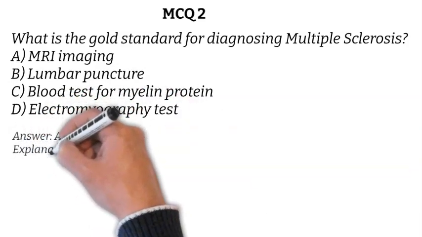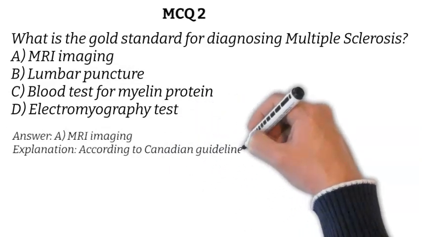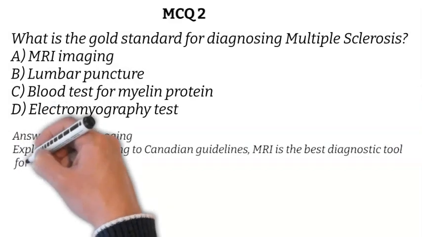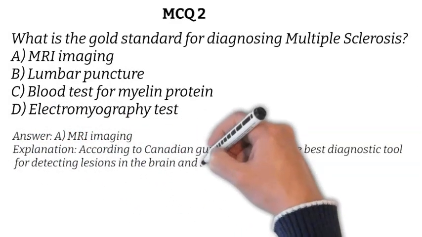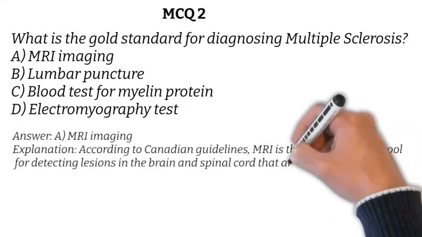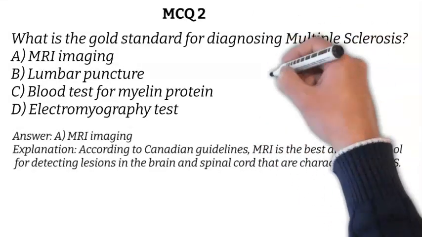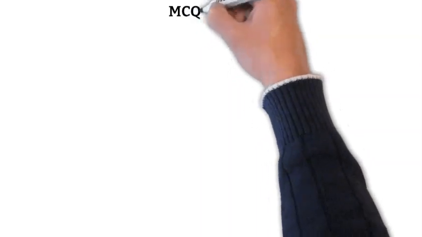What is the answer? The answer is MRI. According to the Canadian guidelines, MRI is the best diagnostic tool for detecting lesions in the brain and spinal cord that are characteristic of multiple sclerosis. So the best, first, and gold standard imaging is MRI.